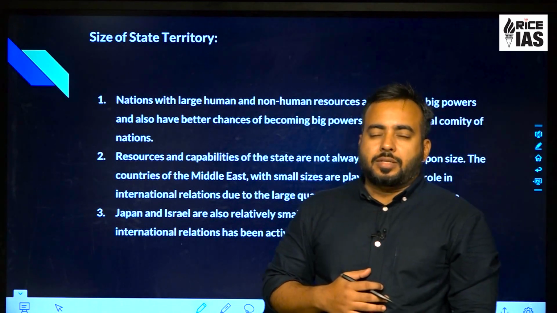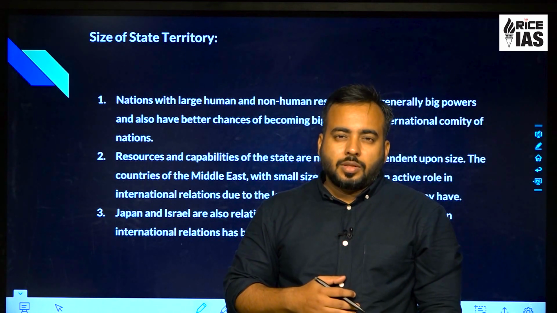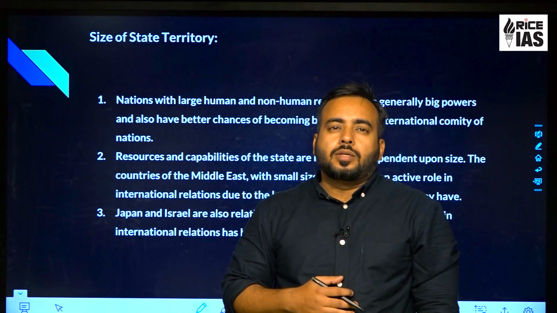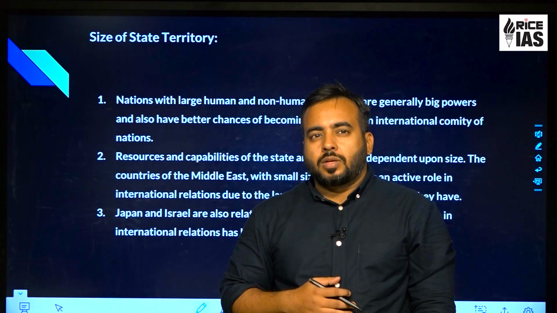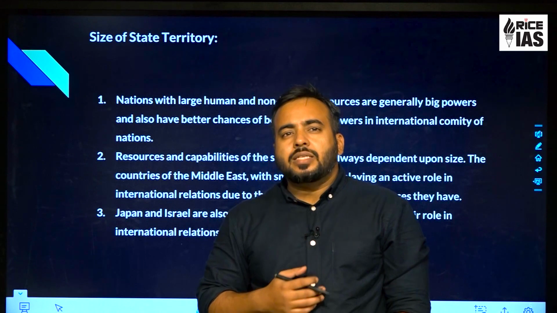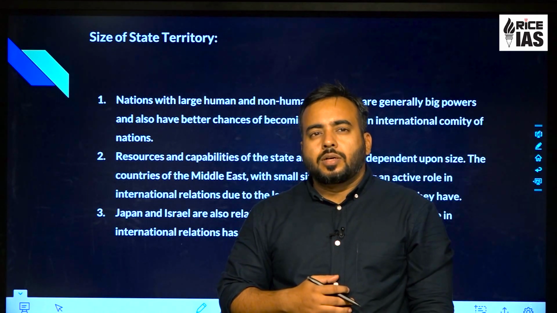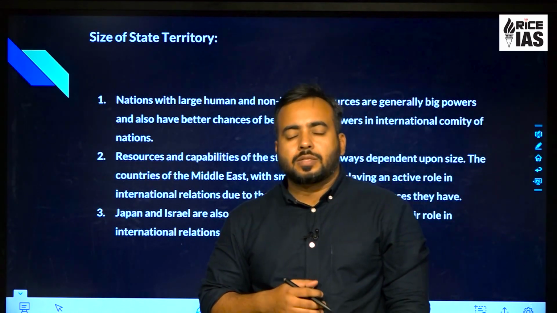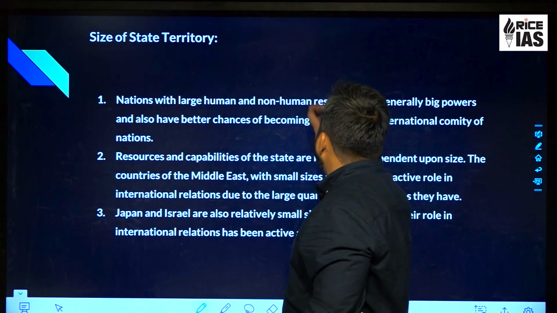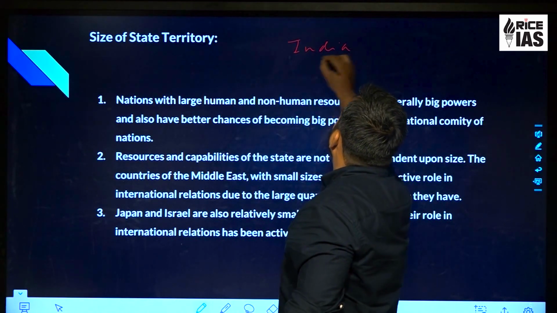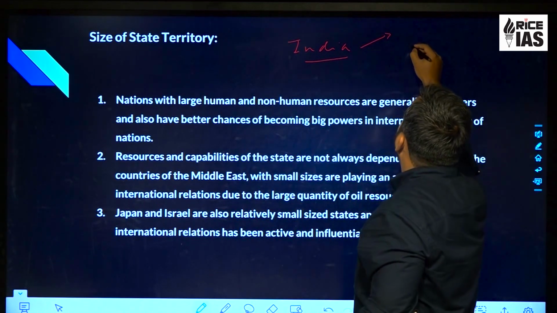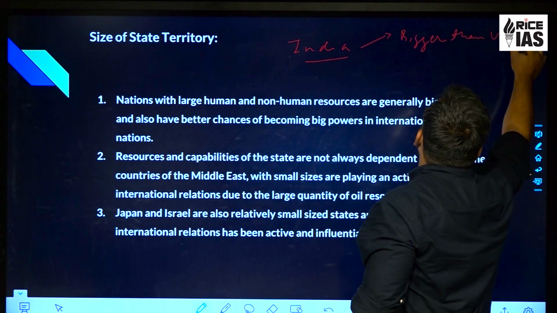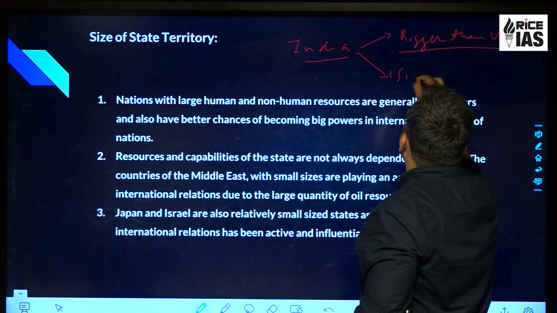The size of a state, the size of the Indian state. In fact, Part 1 of the Indian Constitution deals with the Union and its territories, and size is considered in two ways, in terms of population and in terms of geographical expanse. India is bigger than USA, and India is also smaller than USA.